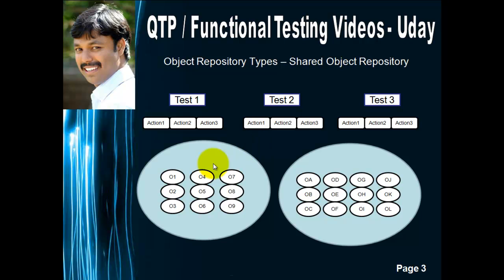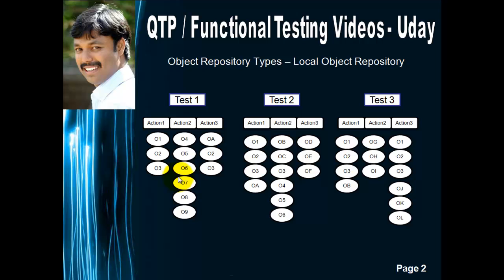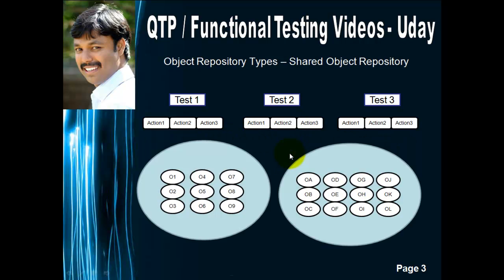If you compare the size, we have 38 objects here. However, how many objects do we have here? 9 plus 12, 21. If the tests keep growing, like 50 or 100 tests, then you can see the size difference as well. So that is one of the differences.